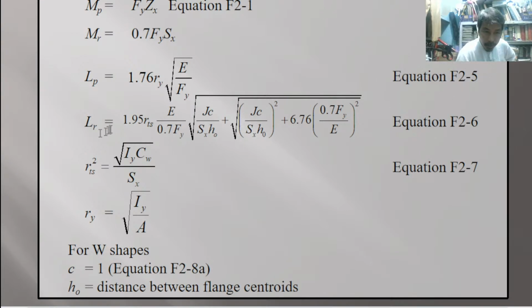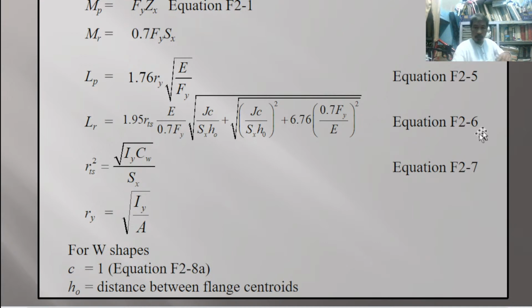And then Lr is equal to 1.95 rts E over 0.7Fy, times the square root of this value: Jc over SxHo plus square root of quantity Jc over SxHo squared plus 6.76 quantity 0.7Fy over E squared.